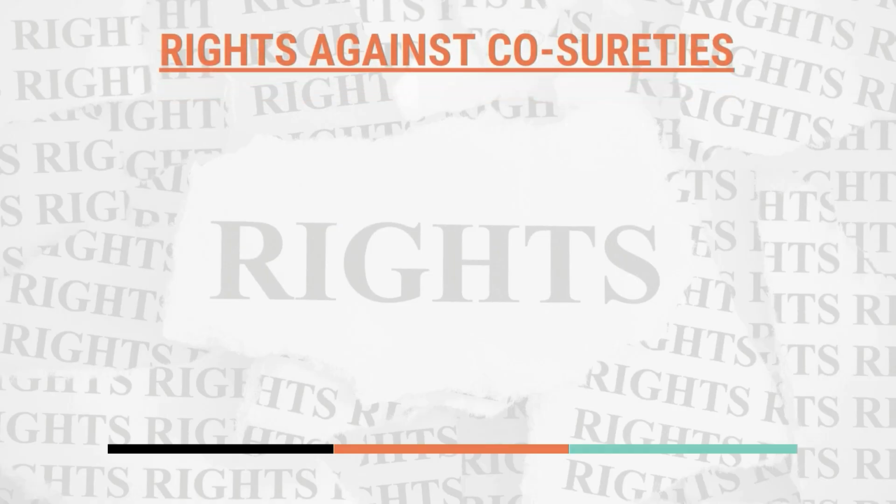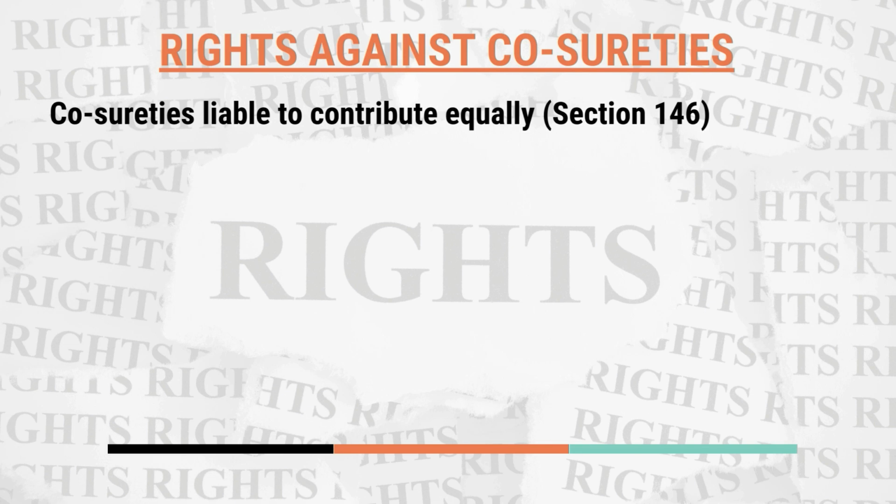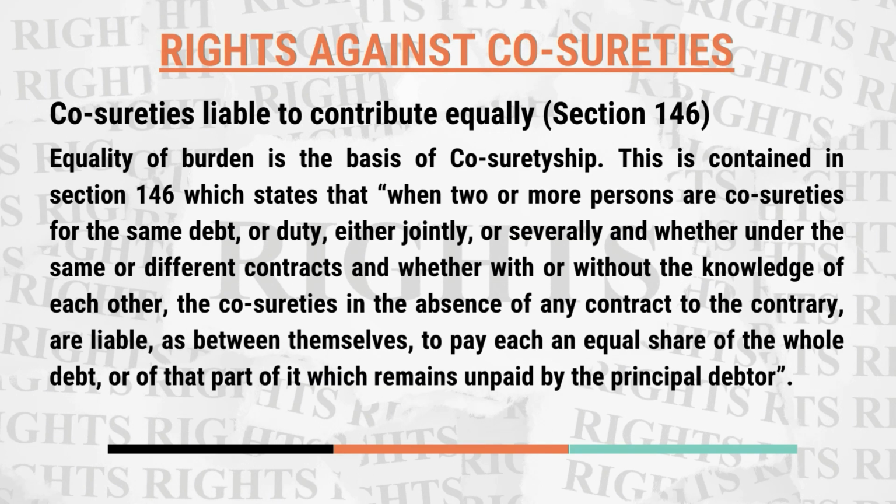Now, I would speak about the right against co-sureties. Under section 146, co-sureties are liable to contribute equally. Equality of burden is the basis of the co-surety contract.